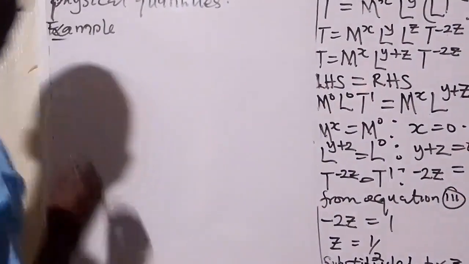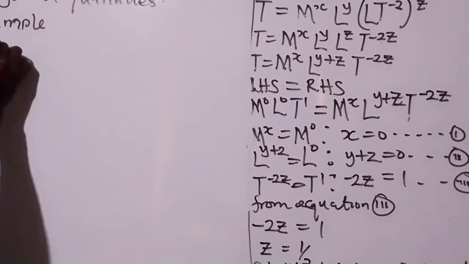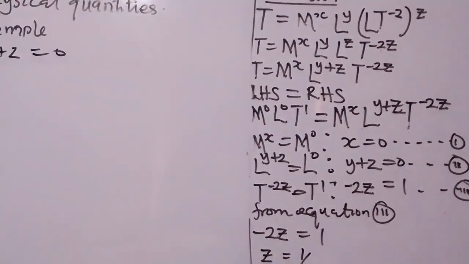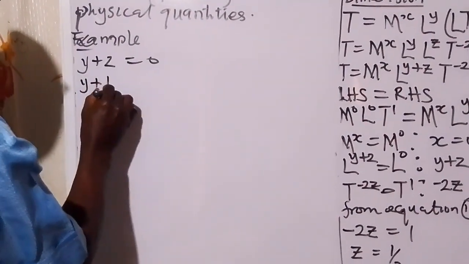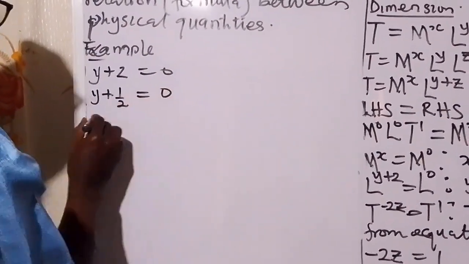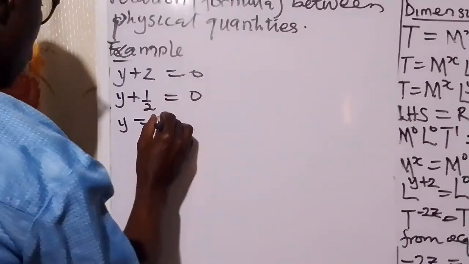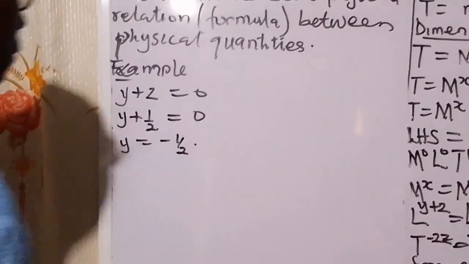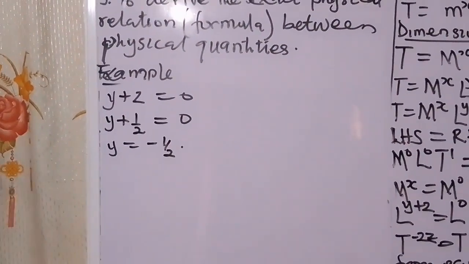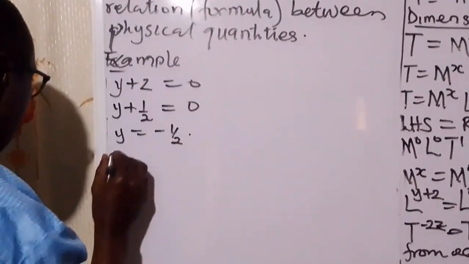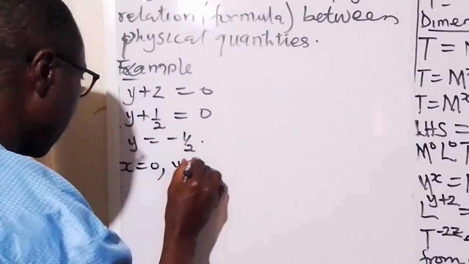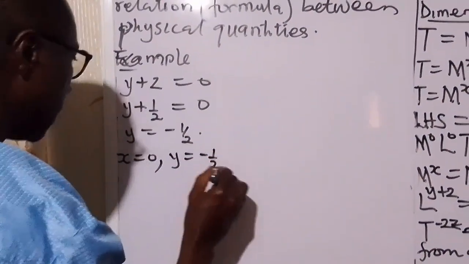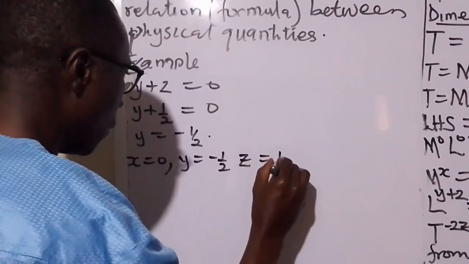Then our equation 2 is y plus z is equal to 0. And z is half. So you have y plus half is equal to 0. Therefore, y will be equal to minus half. Now, from what I've done, we can say that s is equal to 0, y is equal to minus half, and z is equal to half.